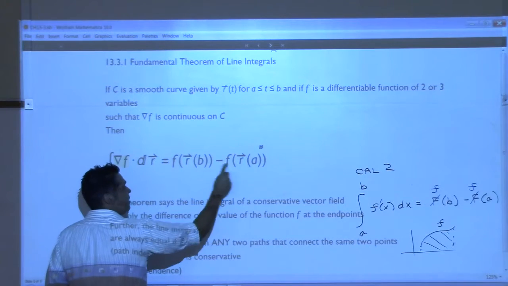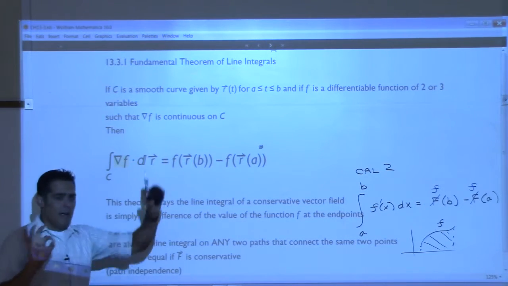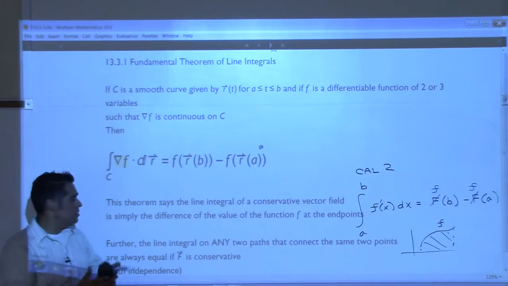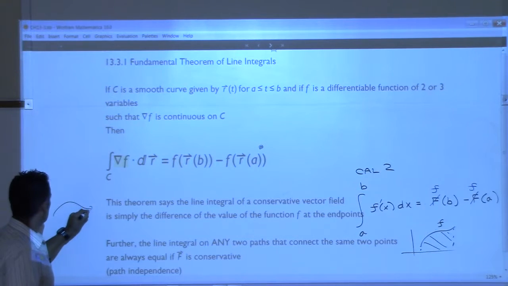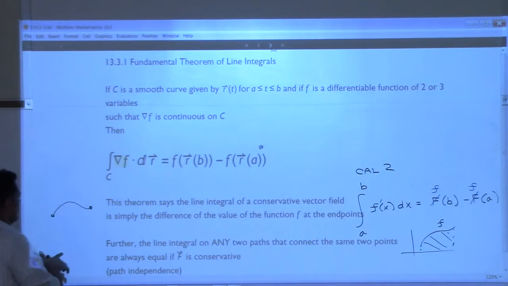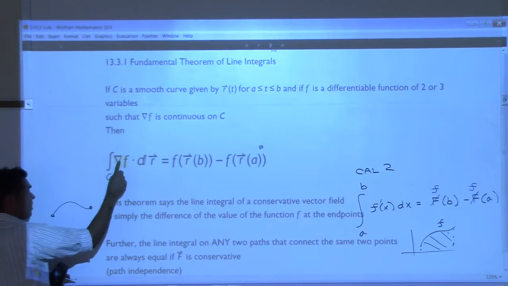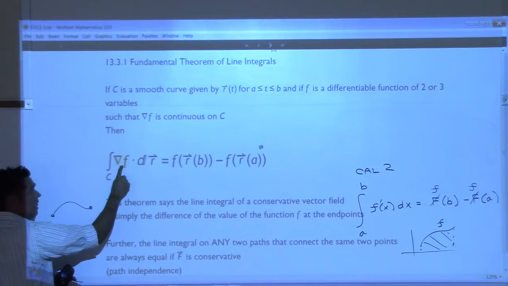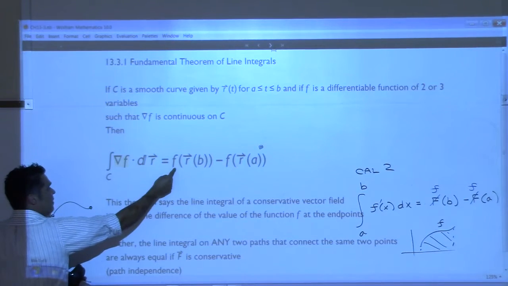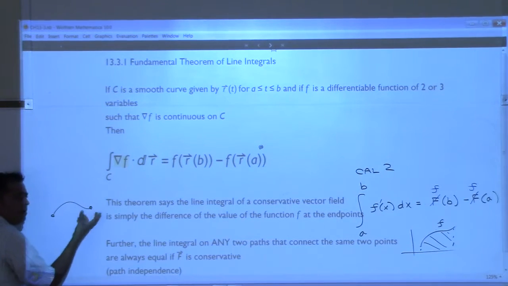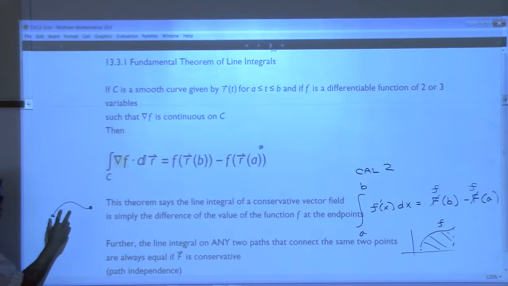Now r of b and r of a are the 2 endpoints of your curve. So you have a curve. We're trying to evaluate the line integral over that curve. This theorem says that if you can somehow recover the little f that this came from, then all you have to do is evaluate it here and here and subtract the 2 and you get the answer.